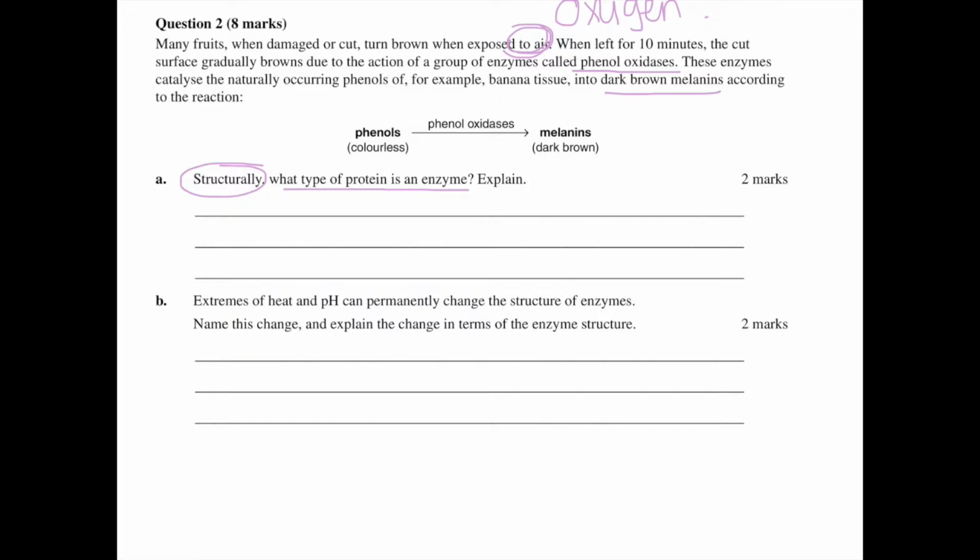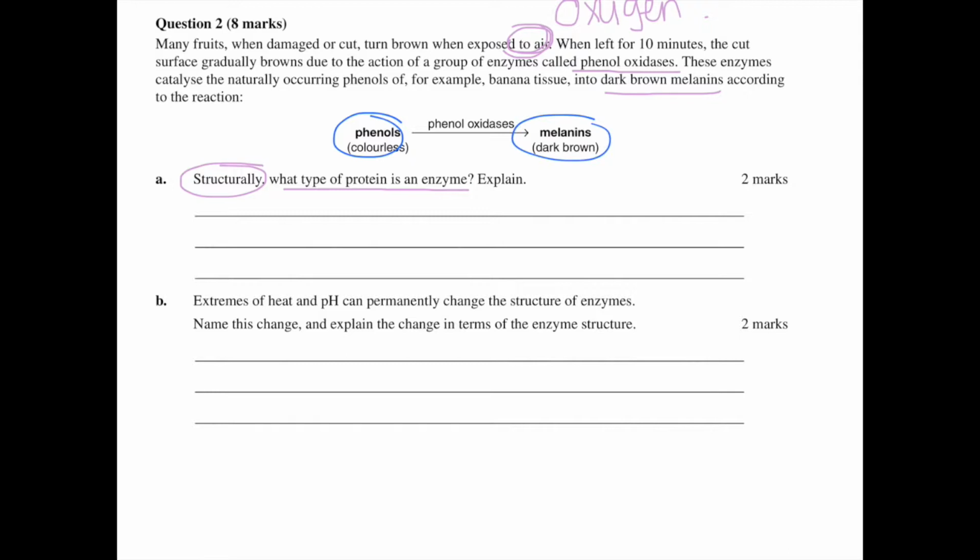So the question here expects you to say that the structure is tertiary. The reason why it's tertiary is because that is its functional shape. In this case, it is the active site, which allows it to bond with the substrate, so the phenols, which then allows it to produce the product, which is the melanins.